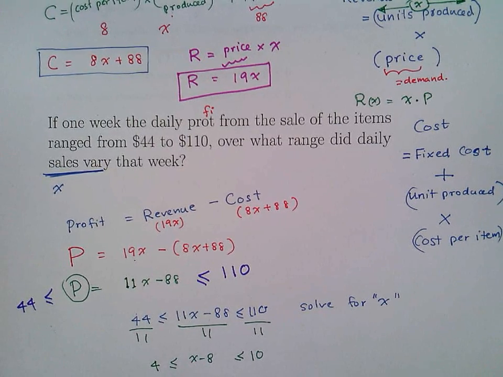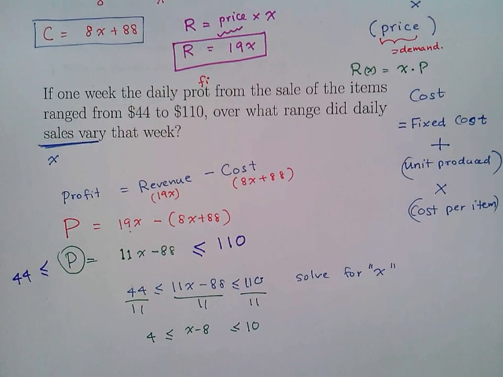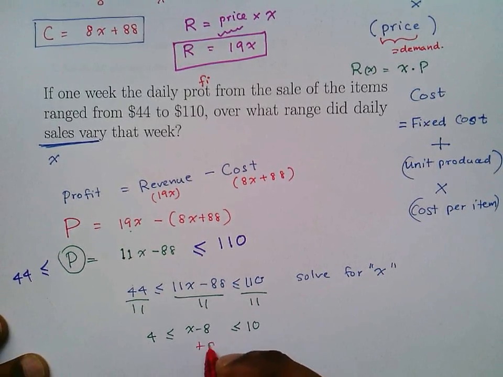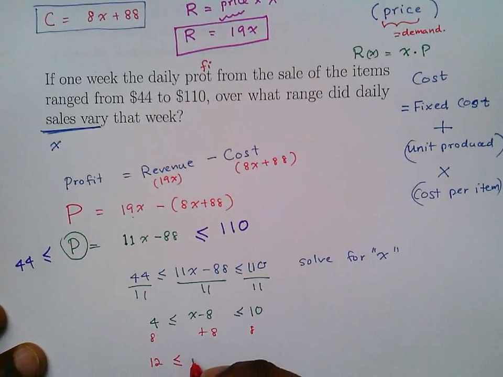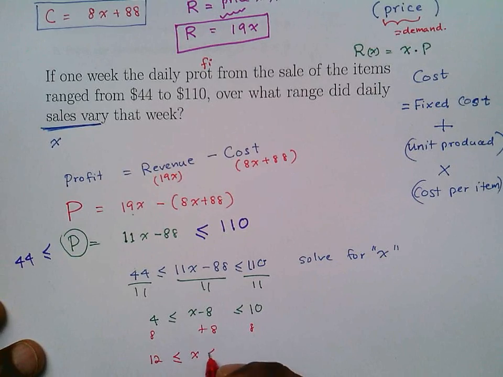And when it says range, it means less than or equal to and greater than or equal to. So it can be 44, it can be 110, it cannot be above or it cannot be below. So add 8 to all three sides, you get 12, x, and 18. So the amount sold ranges between 12 and 18.